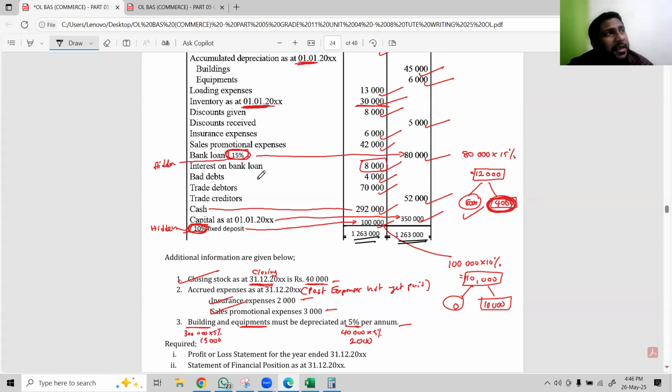I guess with the past papers, we will be able to finish the syllabus by August. If we finish the syllabus by August, by September we can start the revision.